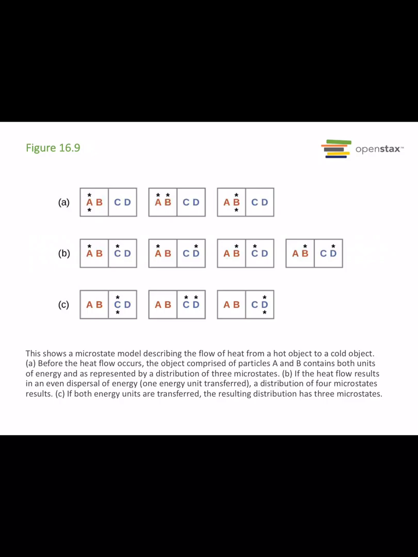Well, in A, we're keeping all the heat in one box. In C, we're transferring all the heat to the other box. But B is what we actually see with the dispersal of energy, right? Heat's going to flow from hot to cold until both their temperatures are the same.